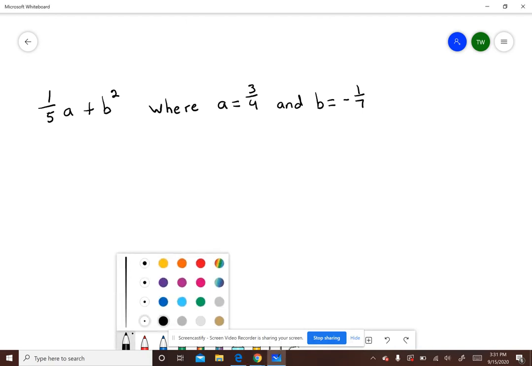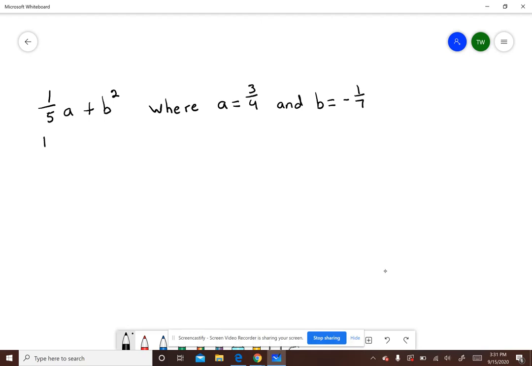So the first thing I'm going to do is bring down my 1/5. And then if I want to substitute a, which is 3/4, I'm going to put that in place of my variable here, but I need to put it in parentheses because parentheses is going to mean multiplication.